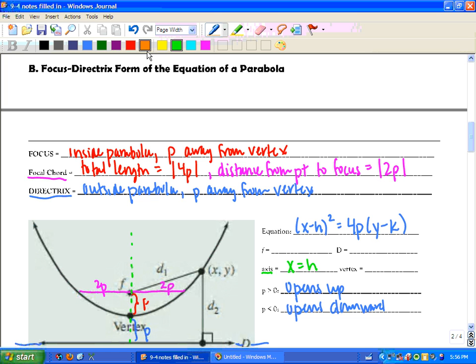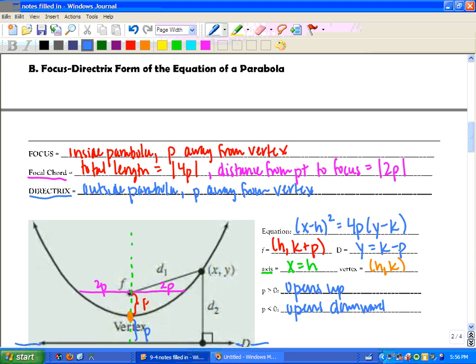And we've talked a lot about the vertex. That's still your h and k as usual, so it'll move it left, right, up, and down. Based off of that, your focus has coordinates (h, k plus p). And the directrix, that bottom line, is going to be y equals k minus p.